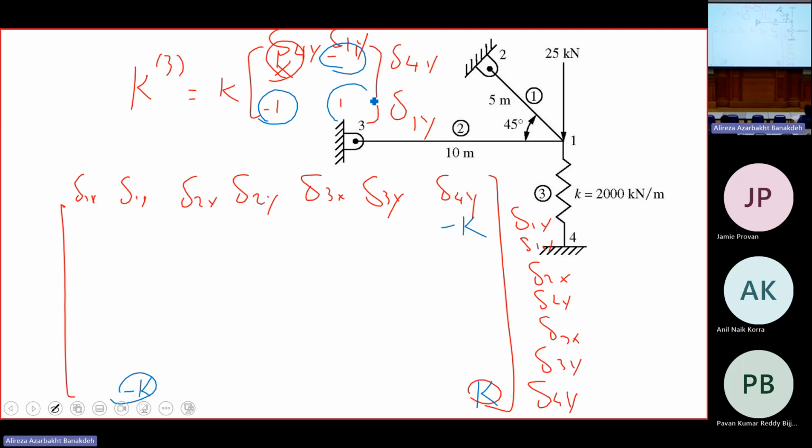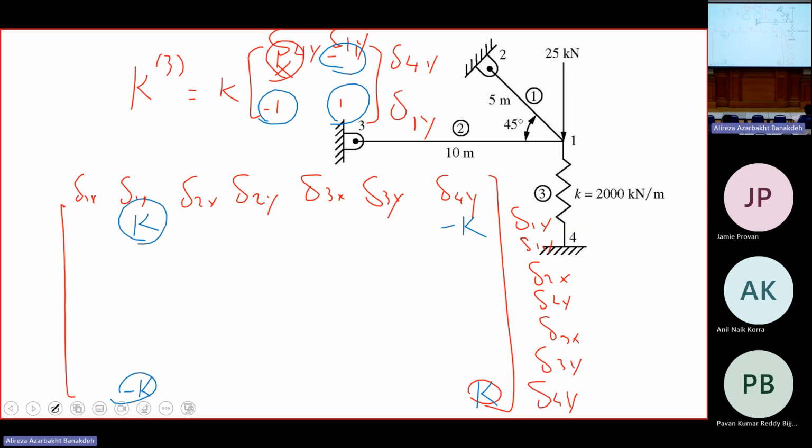And this one goes delta 4y, delta 4y, delta 1y, delta 1y, k here, right?